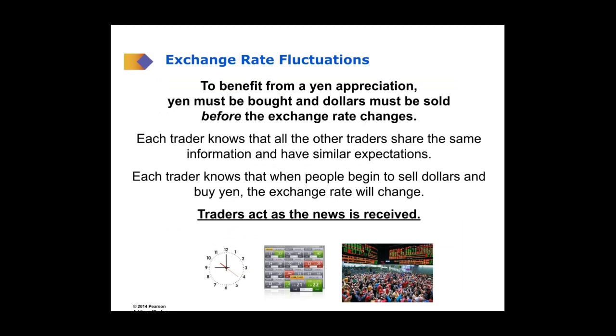Said another way, these fluctuations happen instantaneously, again because it's an actively traded market, and so the prices that we see in the marketplace are accurate and reflect all of the known market information.